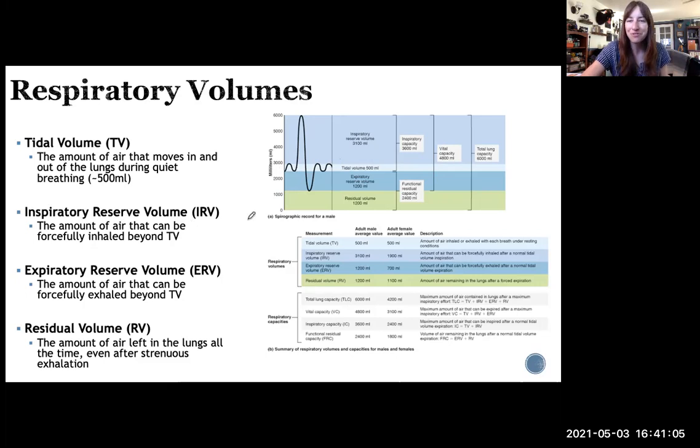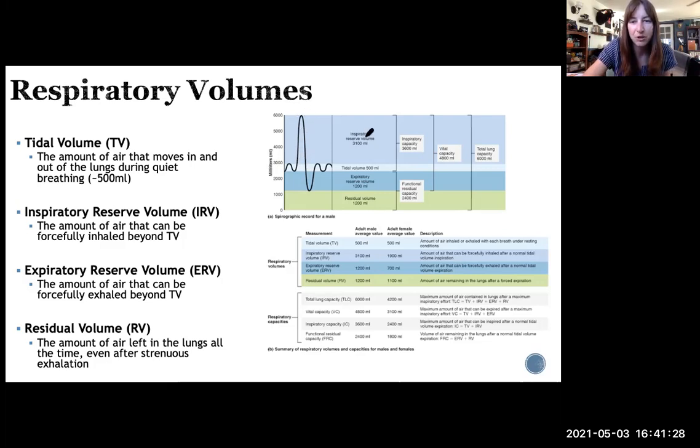Inspiratory reserve volume is the amount of air that you can inhale forcefully beyond the normal tidal volumes. This is what you normally inhale, but if you inspire forcefully, that's how much you can actually inhale on top of that. Okay, so that is actually here.